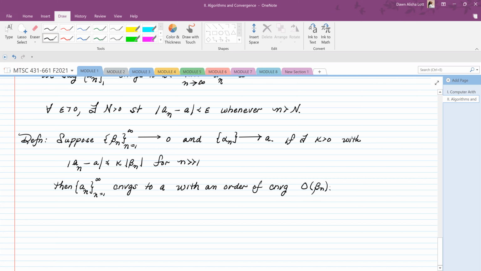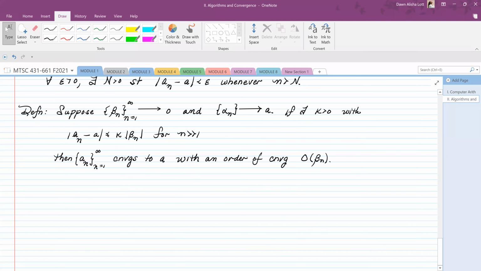Okay. So for example, when we use the Taylor series, so we want to use the Taylor series to approximate the derivative.